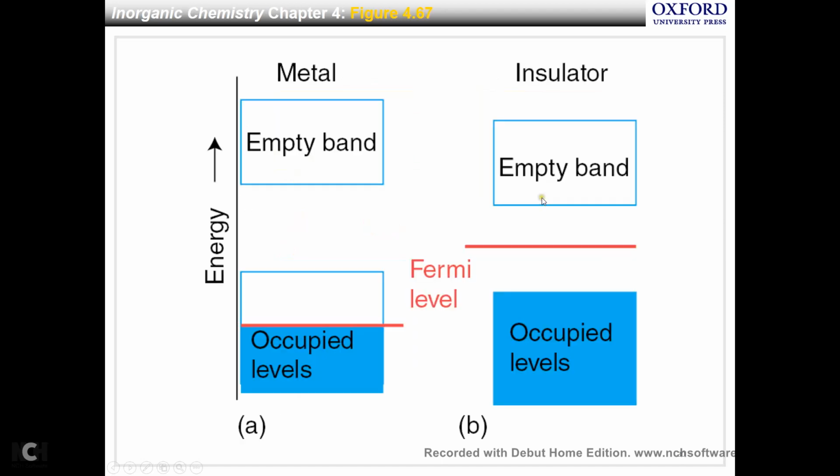So in general, we can draw occupied versus empty bands. But in a metal, you have this kind of situation. Within a band, you have this part occupied and this part unoccupied. But this is usually probabilistic. So it's very likely for these low energy levels to be occupied, nearly 100% probability.